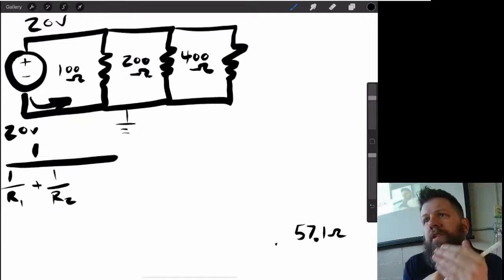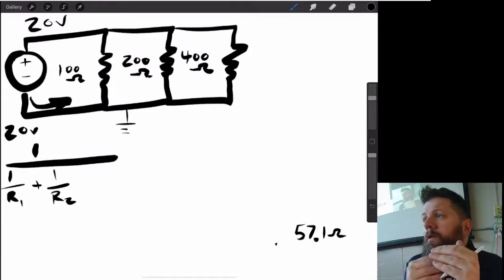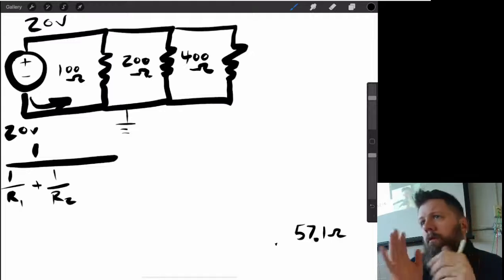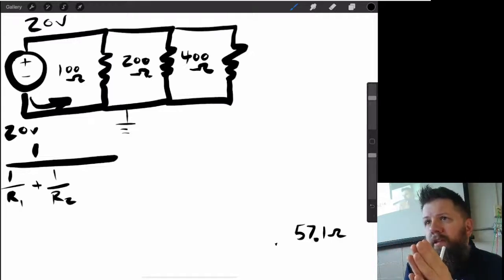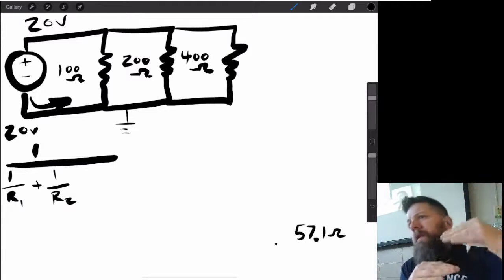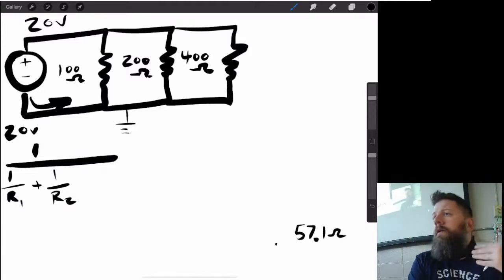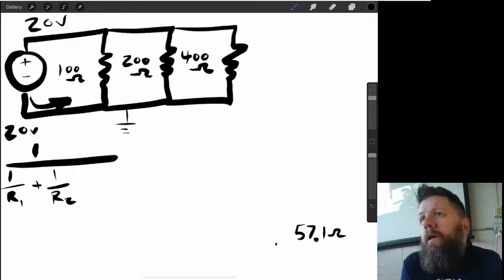1 over resistance is conductance. Okay. So what we're doing when we're adding them with the 1 over R plus 1 over R plus 1 over R is we're adding all of their conductances together. We're saying how easy is it for things to get through, okay? And then we've got that 1 on top of everything that flips it back into a resistance, okay?